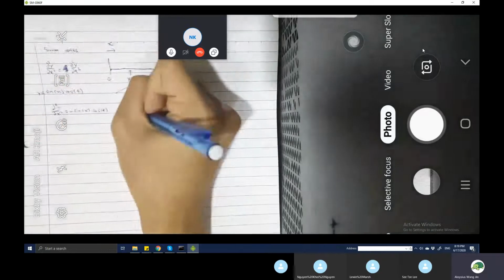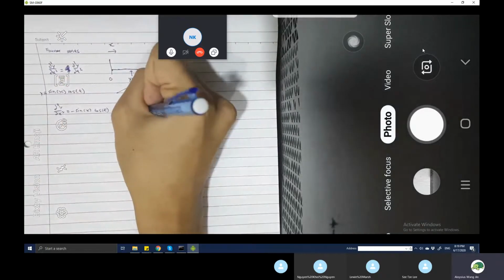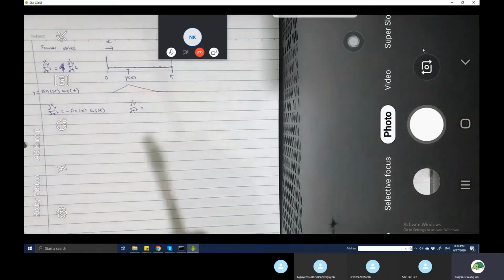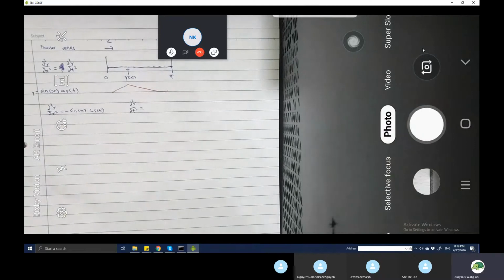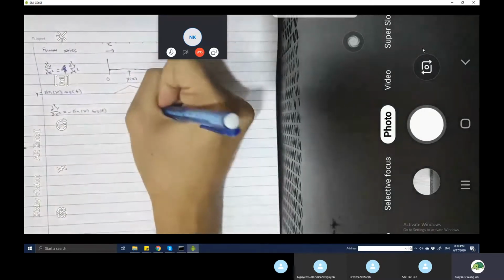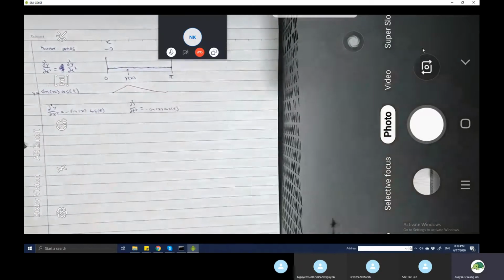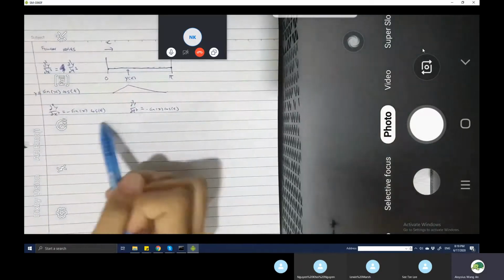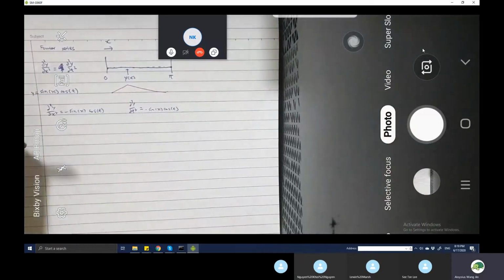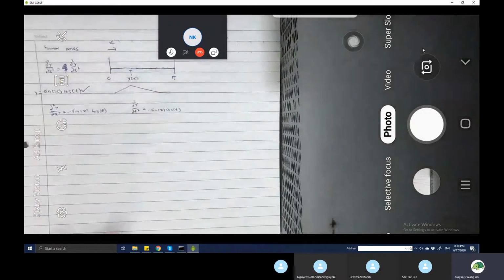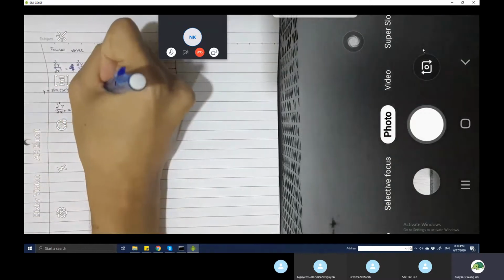On the other hand, our derivative with respect to t gives cosine becomes minus sine, and minus sine becomes cosine. So this is going to give us this. These two are equivalent, and because they are equivalent, we know that this is a possible solution.